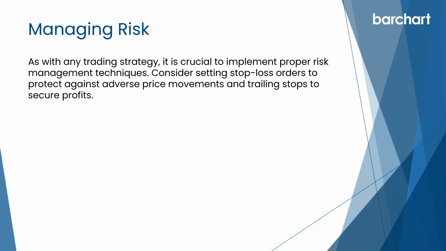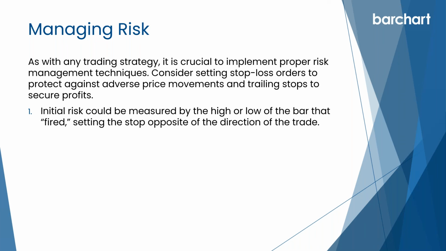In other words, we don't leave them in the market. We just exit when our system or our market is giving us different signals. And they're all based on this idea that we want to protect ourselves against adverse price movements, or as we start seeing profits, we might use trailing stops to secure those profits.